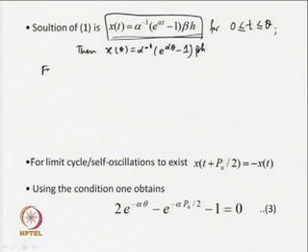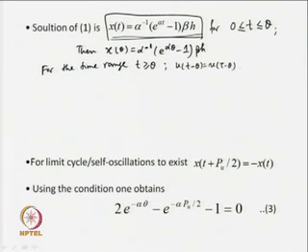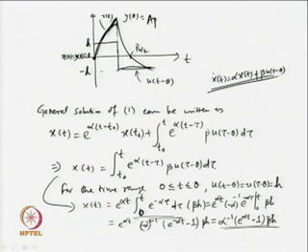But for the time range t is greater than equal to theta, we know that the input changes: u(t minus theta) is equal to minus h. We have seen that the input changes at time t equal to theta. So, when t is greater than equal to theta, the input becomes minus h.